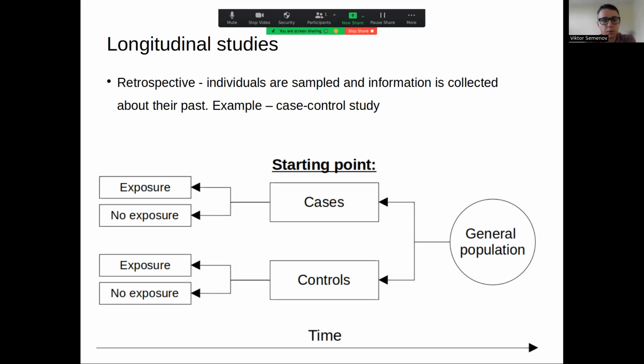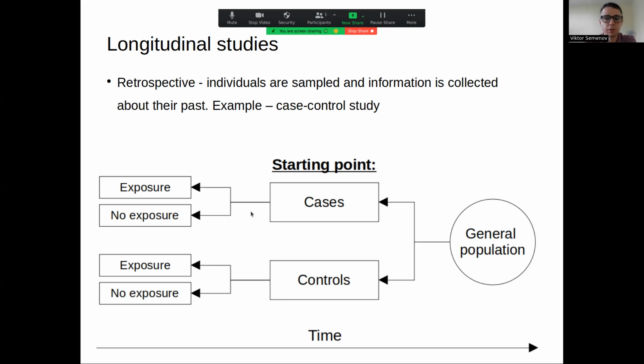So in this case, what happens? The scheme looks pretty similar, but it is principally different. We also have here some point with the general population. We have cases and controls, unlike previously in cohort studies, but also we have here similarly exposed and unexposed people.